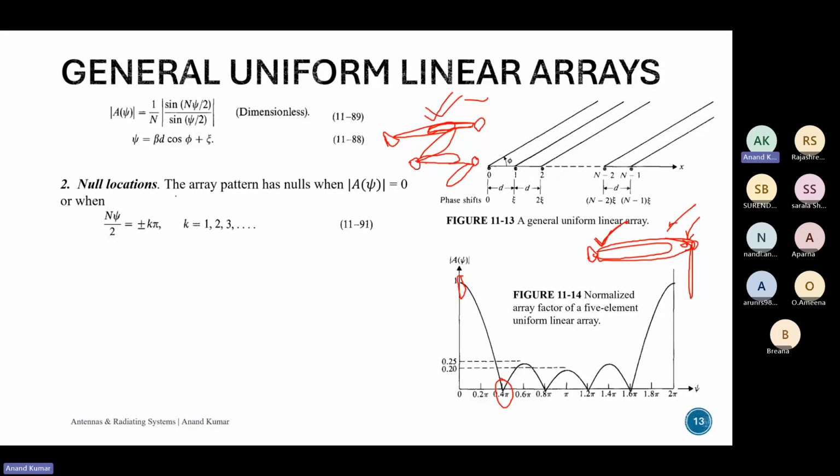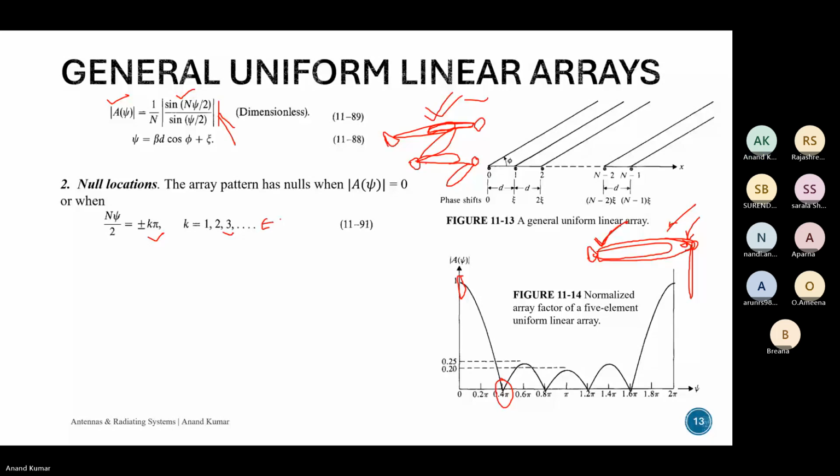So let's try to calculate where the null would be in this particular case. To have a null, the array factor has to be 0, which means this expression has to be 0, and this is 0 when the numerator is 0, and the numerator is 0 when the argument of sine equals plus minus k pi by 2, where k belongs to the integers.